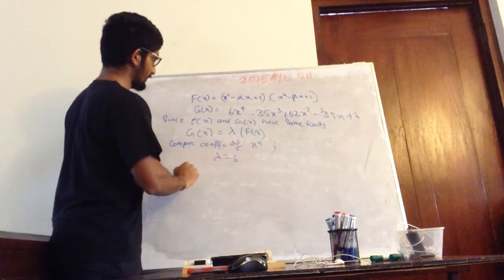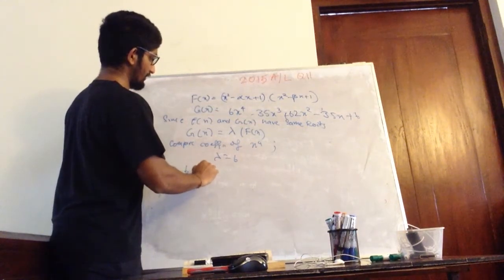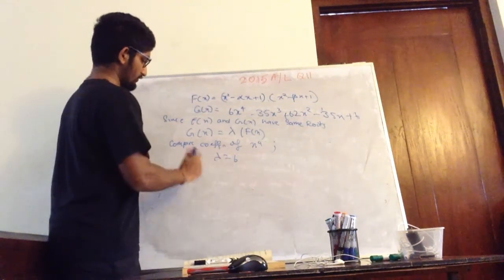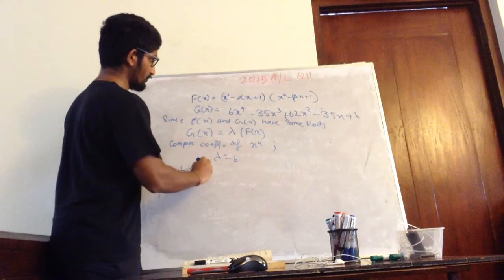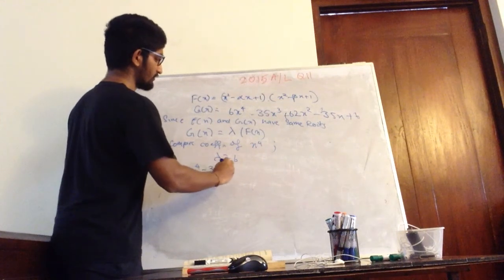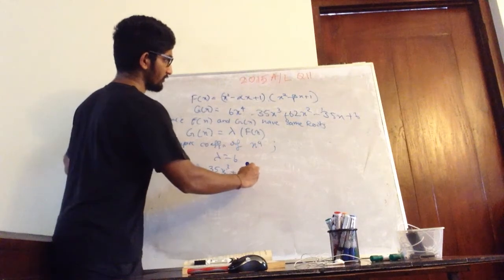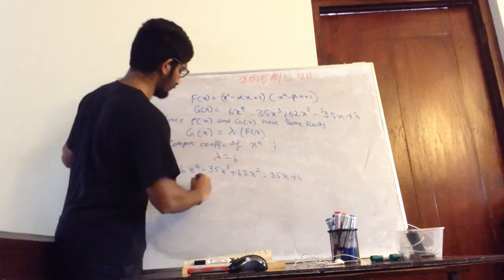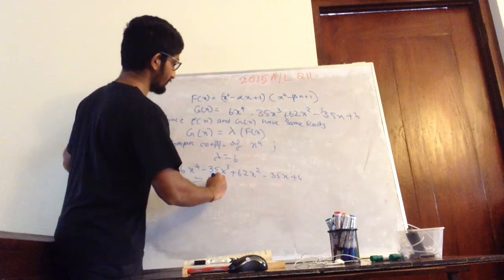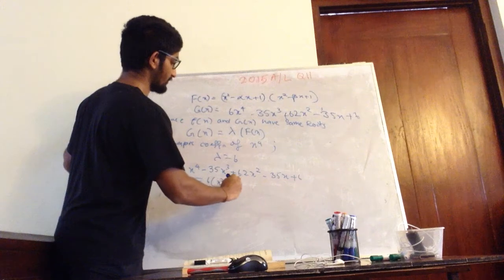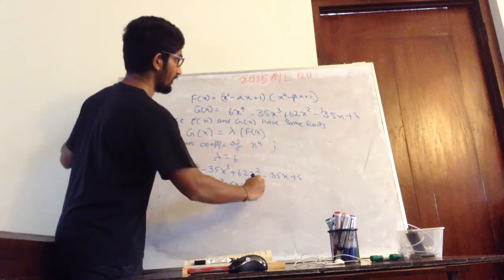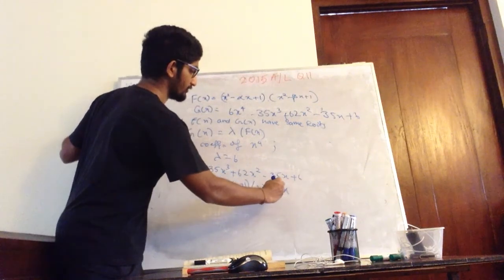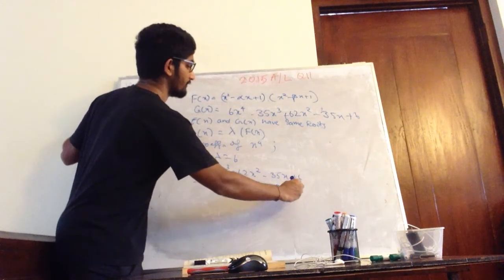So 6x to the power 4 minus 35x cubed plus 62x squared minus 35x plus 6 is equal to 6 times (x squared minus alpha x plus 1) times (x squared minus beta x plus 1).